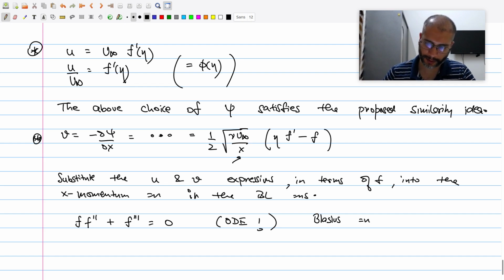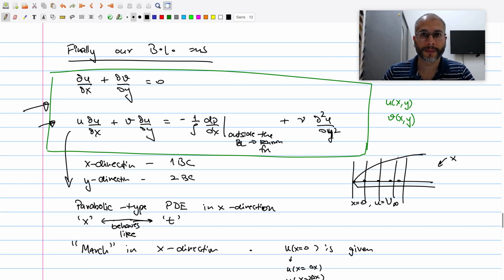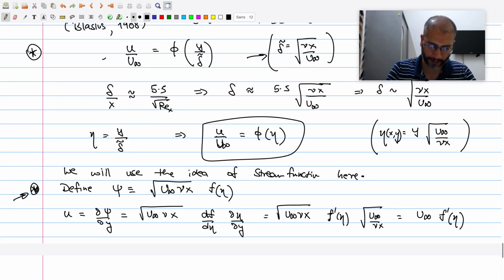And this is beautiful. Your equation was in two variables x and y, and using this stream function psi, we don't even have to know the idea of similarity. Blasius smartly thought of an eta and substituted this psi.